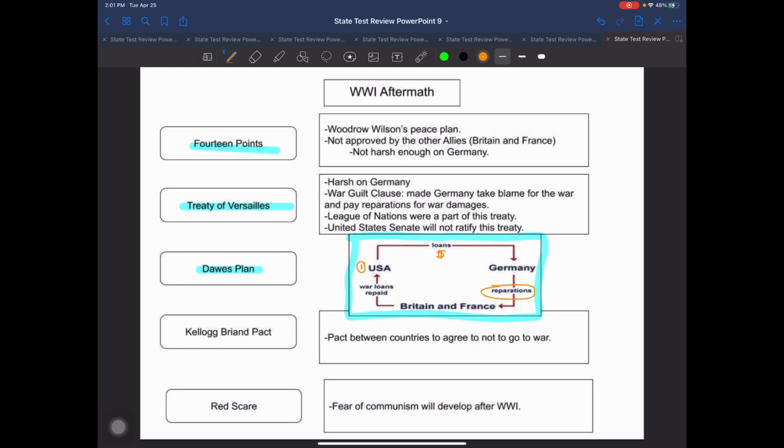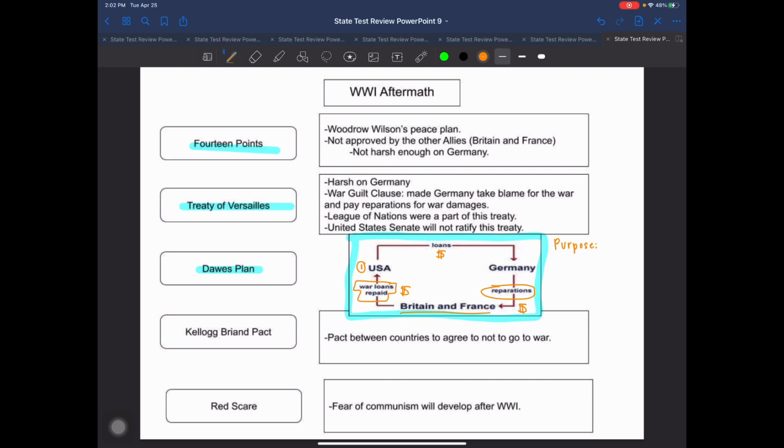They've got to pay these reparations to Britain and France. Okay, so we are helping give Germany money so that Germany can give their money to Britain and France. Because look, Britain and France actually owe us money.